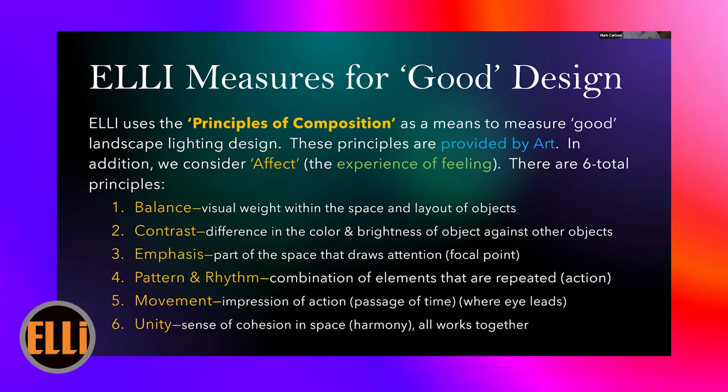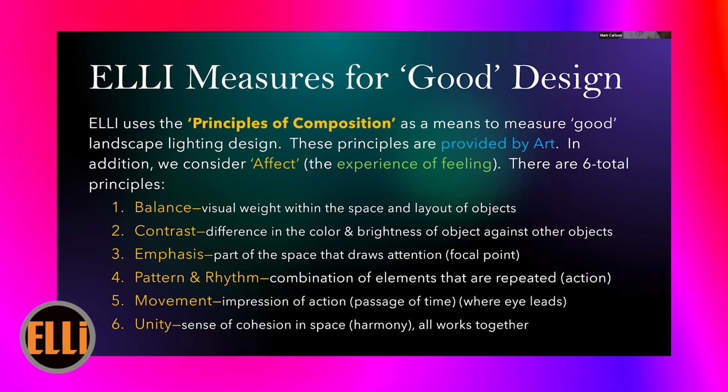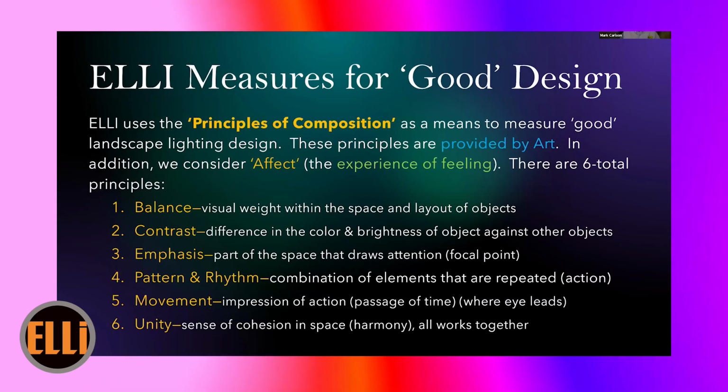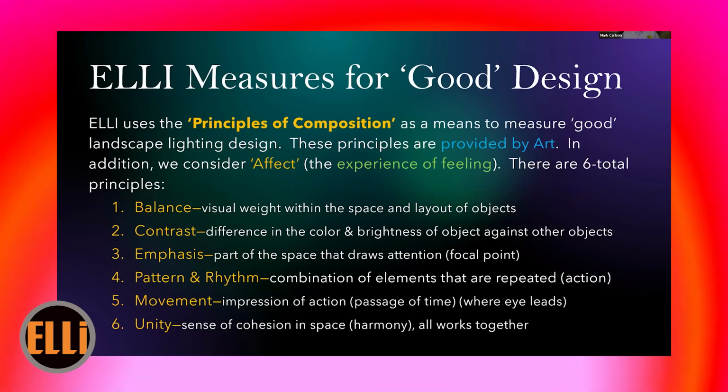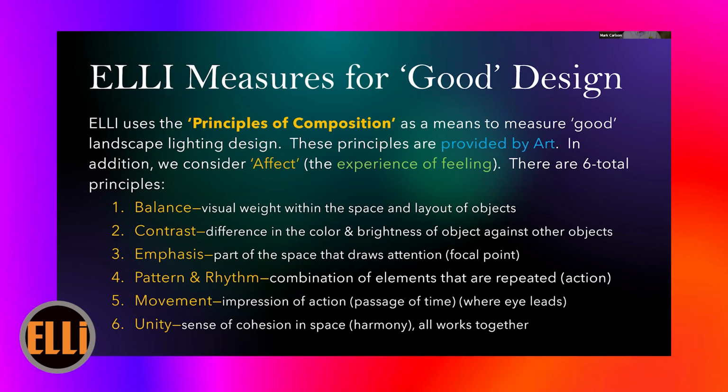And the rhythm is how frequent you see these individual items being repeated. Is it quite random, spaced far apart, or really close together? That way it looks like it's moving fast versus moving slow. So that's pattern and rhythm and movement.